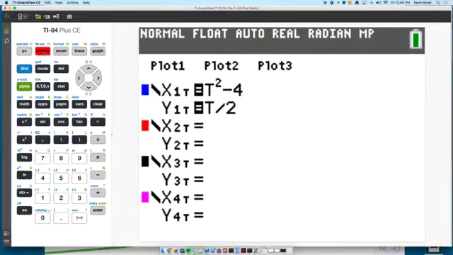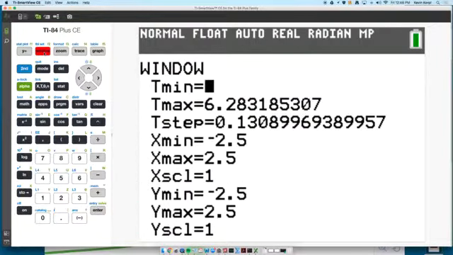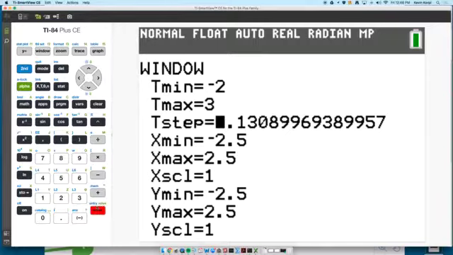If you go to your window, you're going to have another set of inputs now, which are your parameter inputs. T min, T max. T is the independent variable for both x and y. We went from parameter value of negative 2 to parameter value of 3. Now, T-step is interesting.